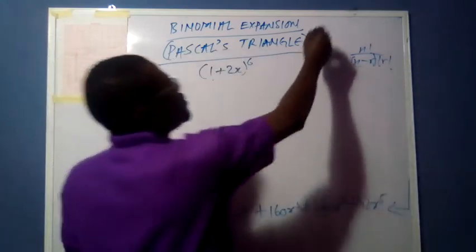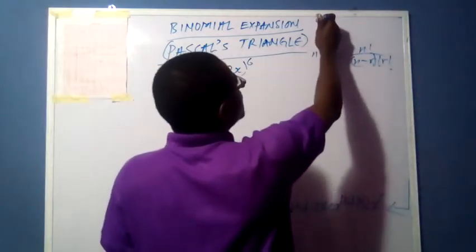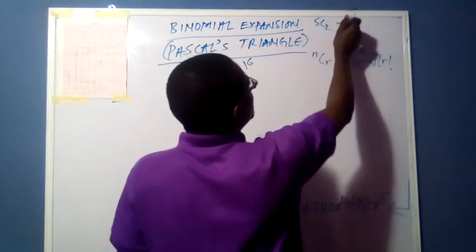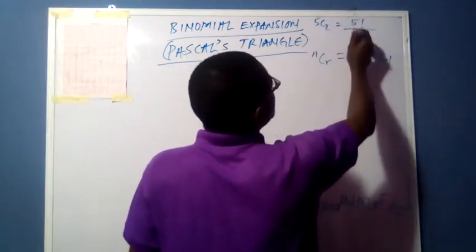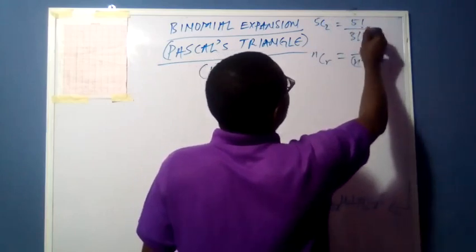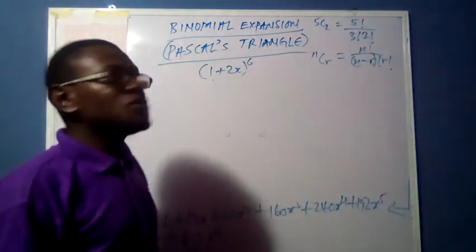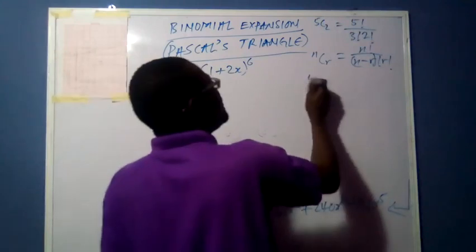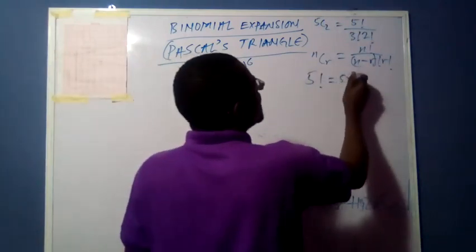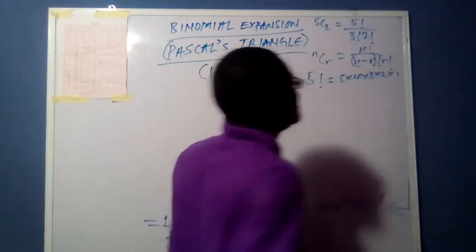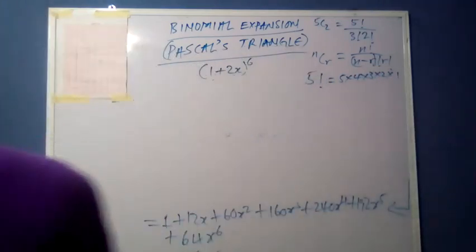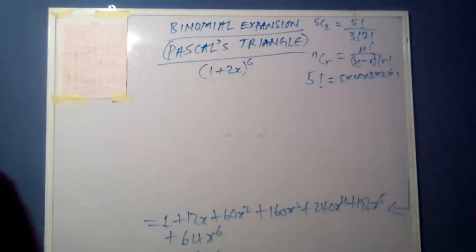So for instance, 5 combination 2 is 5 factorial over 5 minus 2, which is 3 factorial, times 2 factorial. And what does factorial mean? 5 factorial means 5 times 4 times 3 times 2 times 1. So that's what you're going to be using to expand this.